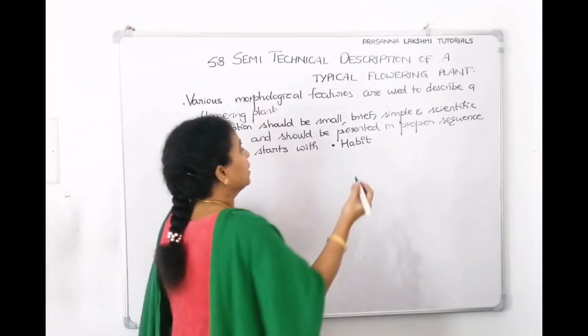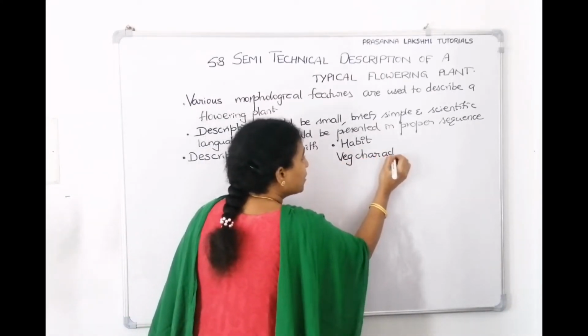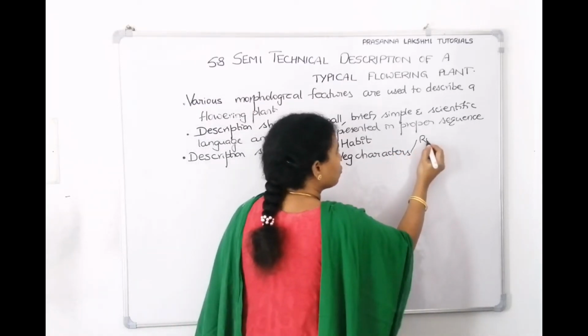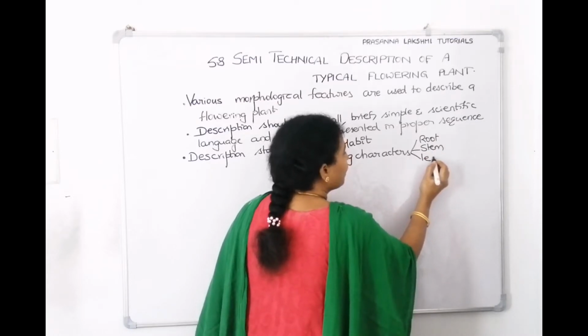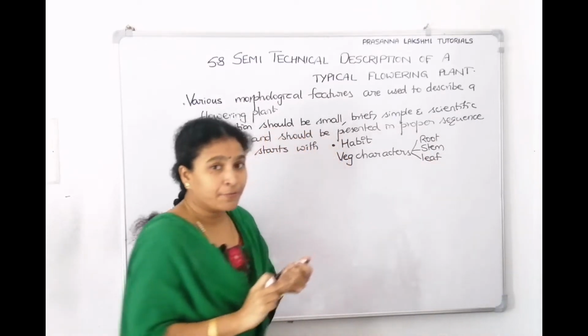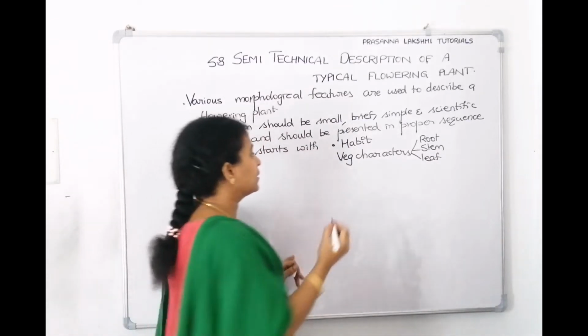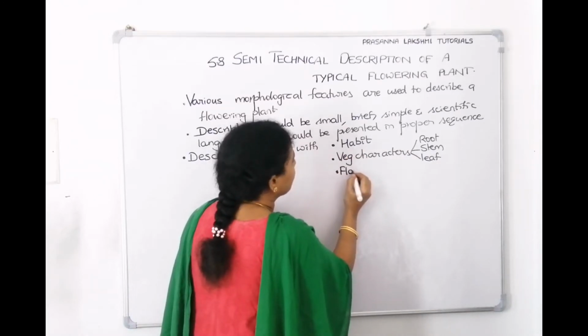Followed by its vegetative characters. What will come under vegetative characters? Root, stem, and leaf. We tell which type of root system, stems and leaves, followed by floral characters, in this proper sequence.